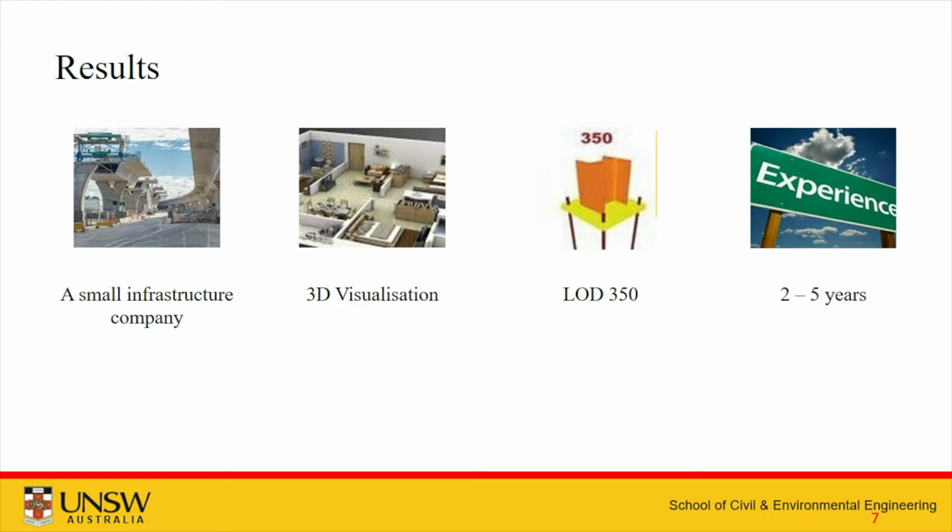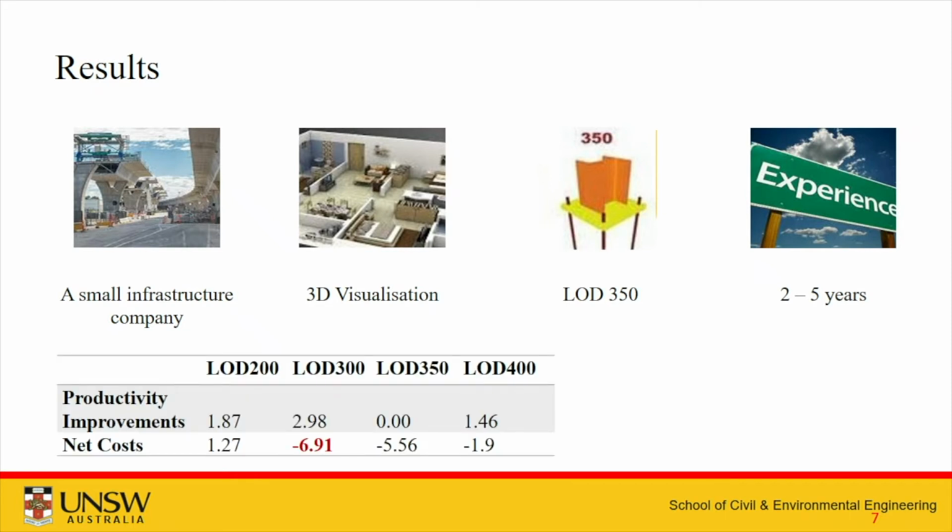And we tested it in a case study. The case study is selected from a test set. It's a small infrastructure company that has been implementing 3D visualization at LOD 350 for 2 to 5 years. Based on our calculation, we get this table.